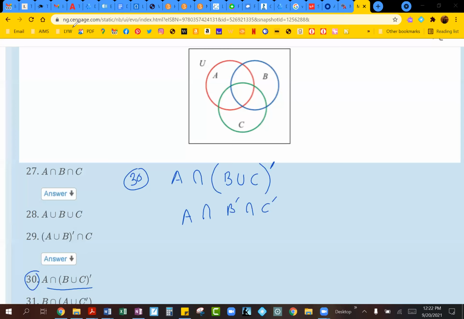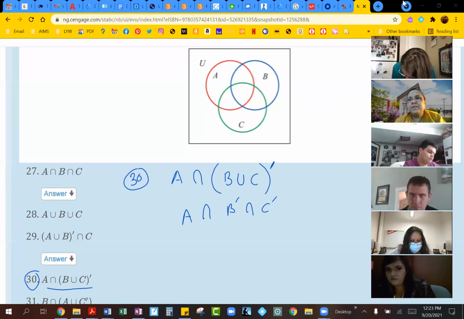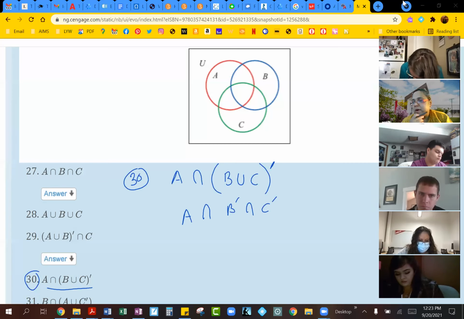And then you can either unmute your mic and tell me, or put it in chat, you can tell me that way also. Where do you shade your Venn diagram?